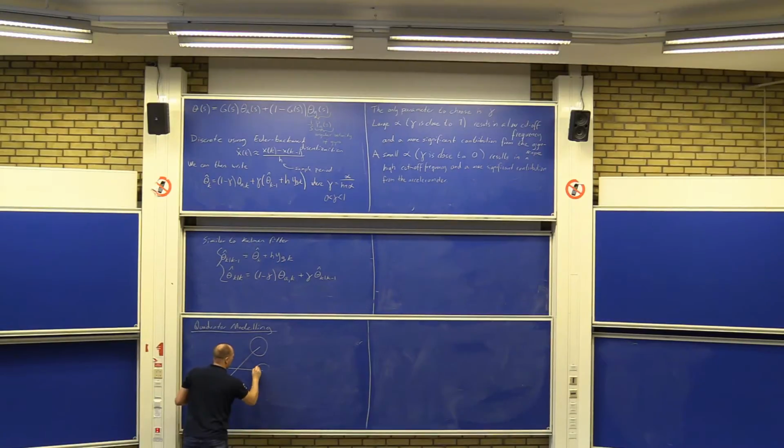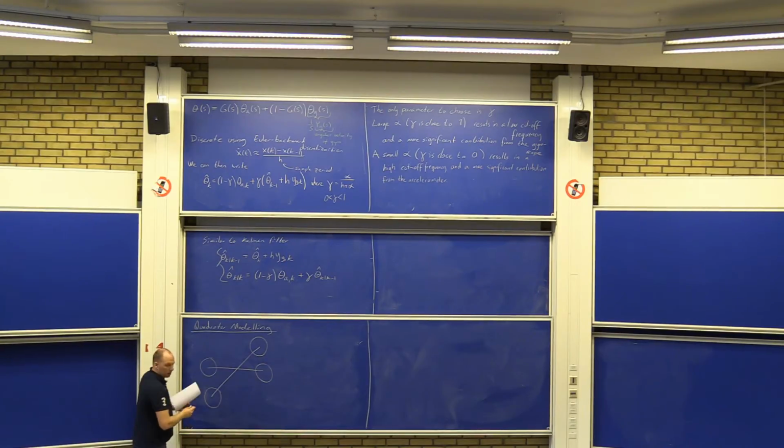Okay, and then we have the 4 rotors here. Okay, and then if we choose we have X here, we have Y here, and then we will have Z pointing downwards, like that.